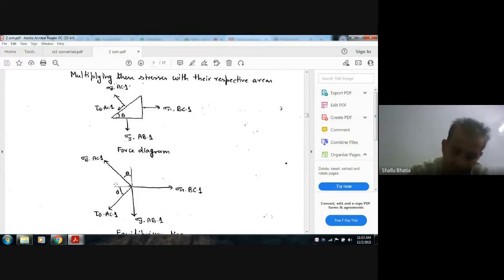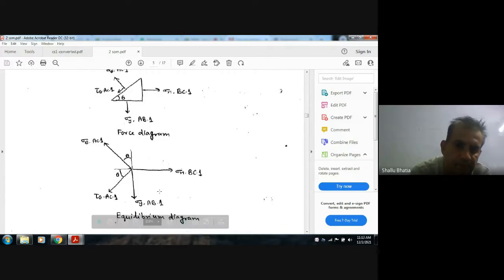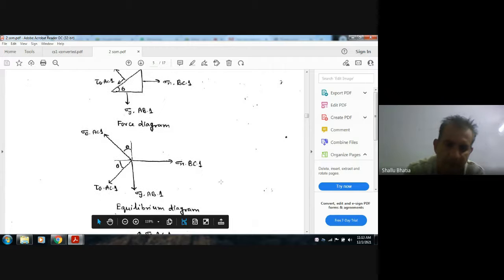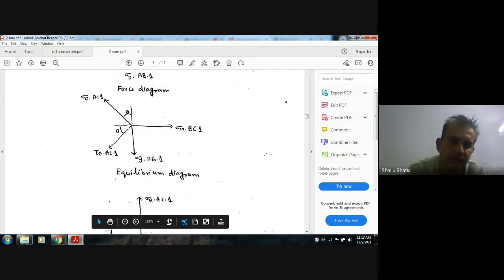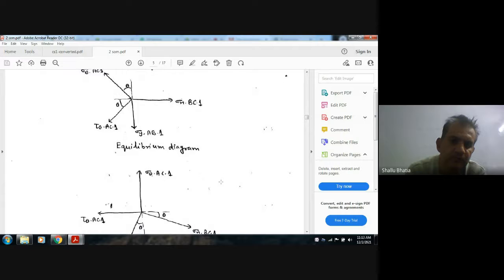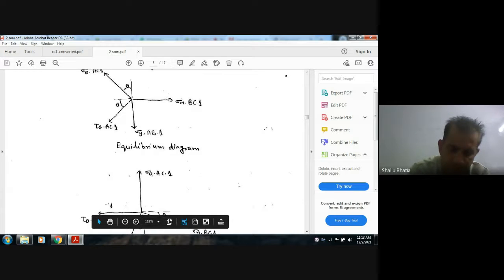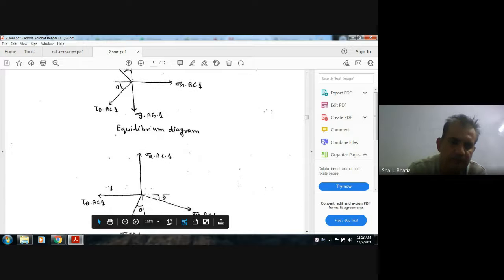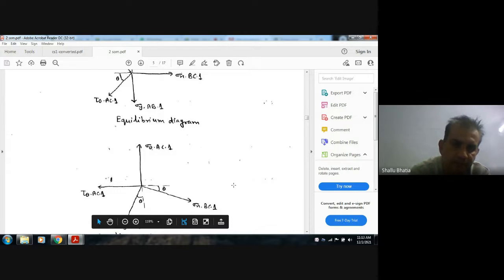Now the equilibrium diagram: sigma x BC into 1, sigma theta AC into 1, tau theta AC into 1, and sigma y AB into 1. If the equilibrium diagram is represented by angle theta, then sigma theta AC into 1 and tau theta AC into 1 will be rotated, with sigma x BC into 1.